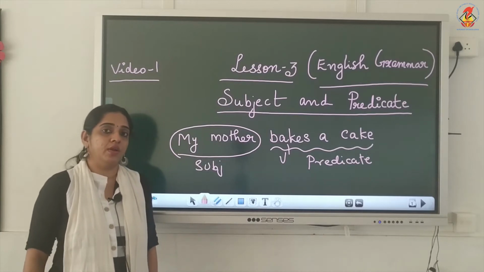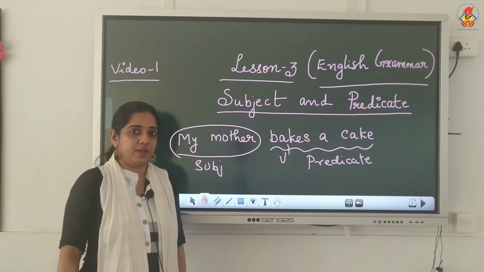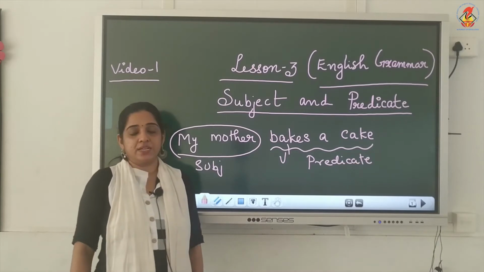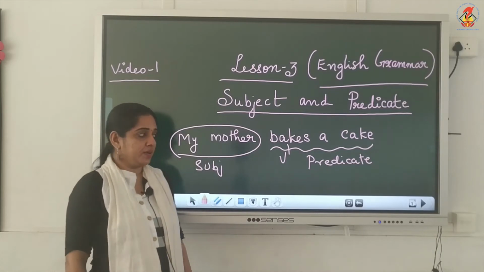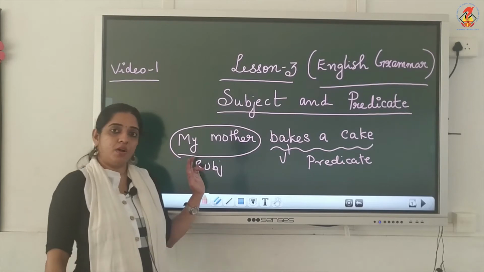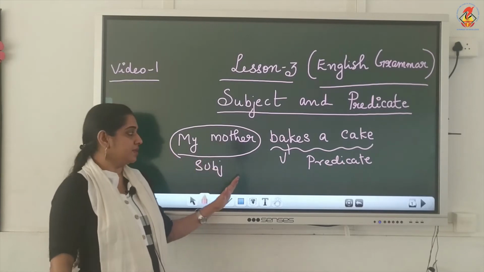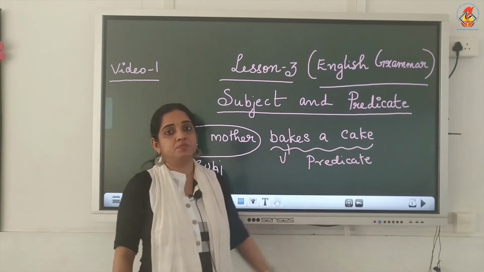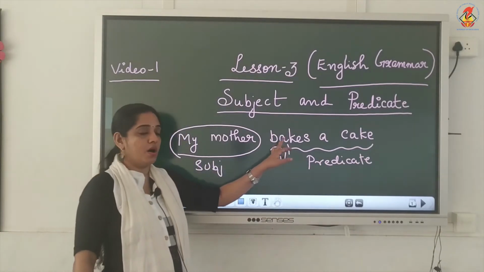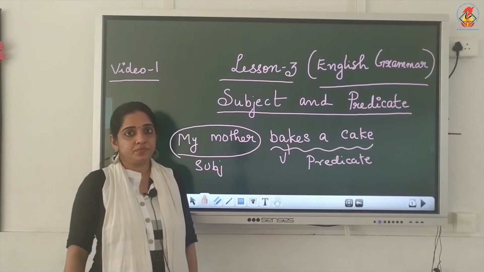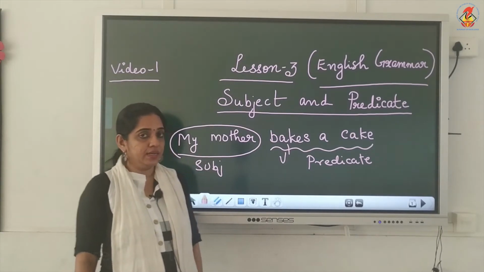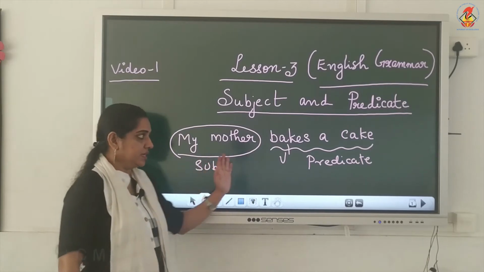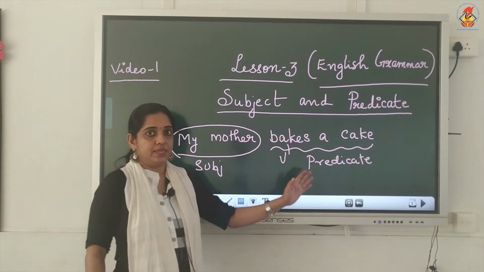You know what a noun is? A noun is the name of a person, name of a thing. Then there are certain categories of nouns that we will study later. So in almost all cases, a noun will be a subject, and the rest of the portion is the predicate, including the verb bakes. I hope it's clear. A sentence can be divided into two: the first one is the subject, the other one is the predicate.